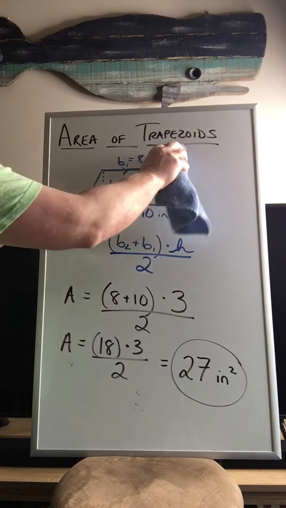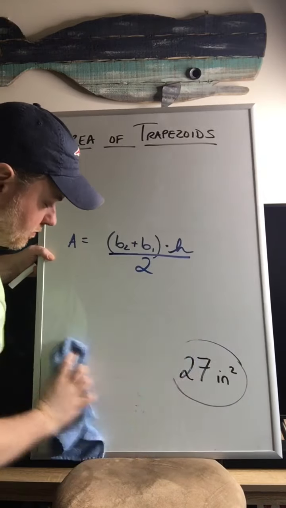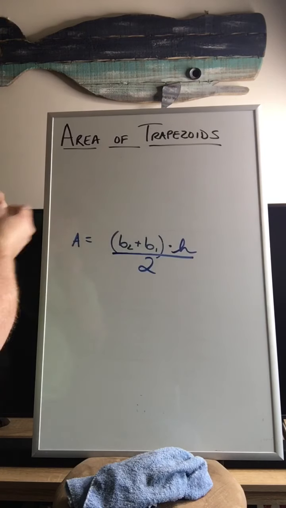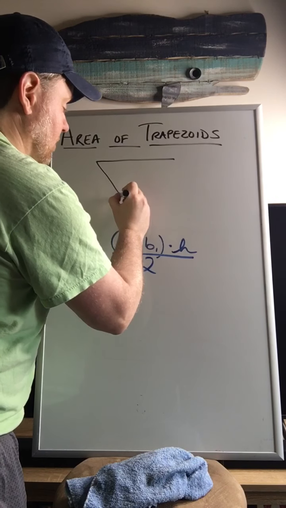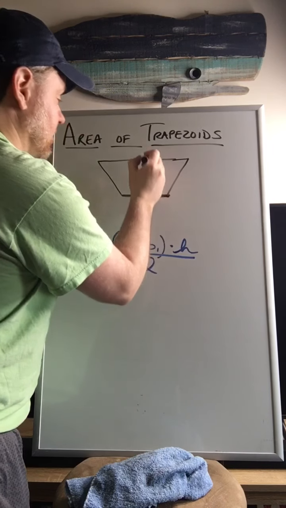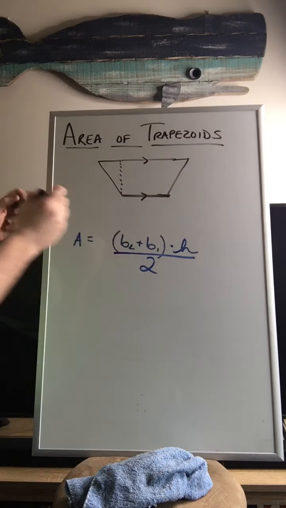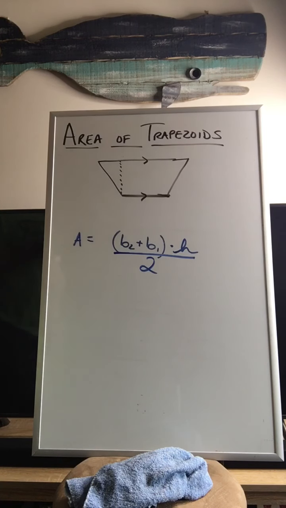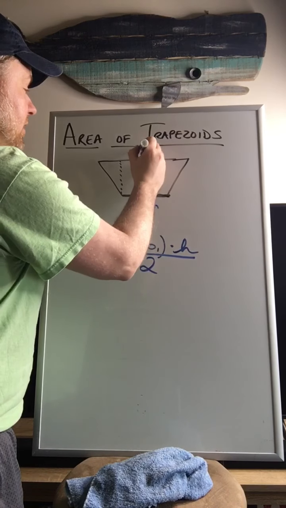Okay, let's say we had a little bit of a different looking trapezoid here. Let's say maybe it looked kind of an upside down type of trapezoid. And don't worry, my drawings here are not the best. Okay, well, let's say that maybe this side was 5 inches and this side was 11 inches.